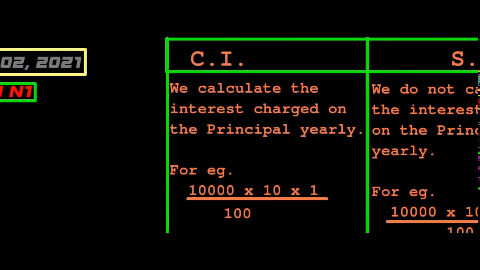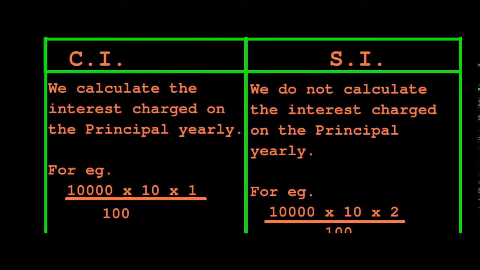Friends, the key difference or the main difference between compound interest, that is CI, and simple interest, that is SI, is that we calculate the interest charged on the principal yearly in compound interest.